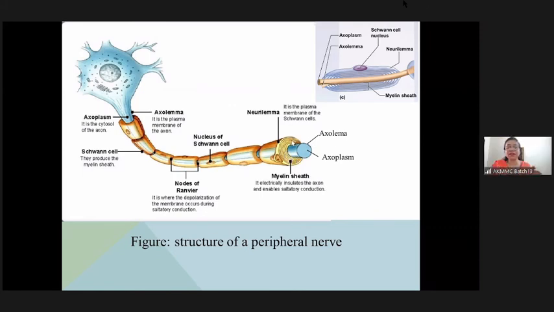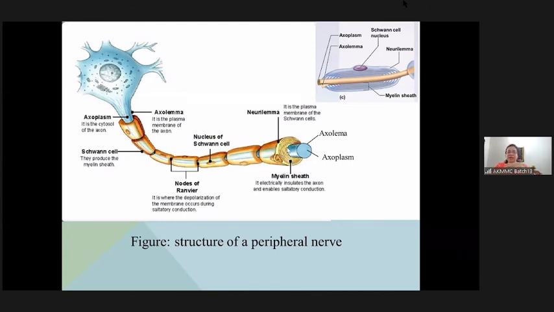No, in the peripheral nervous system it is the Schwann cell. The Schwann cell will form the myelin sheath around this axon, because we are describing the structure of a peripheral nerve. This is the axon, which contains axoplasm, and the covering of its membrane is axolemma. It is covered by a myelin sheath, which is formed by the Schwann cell.